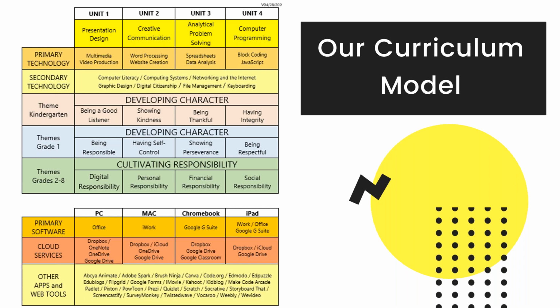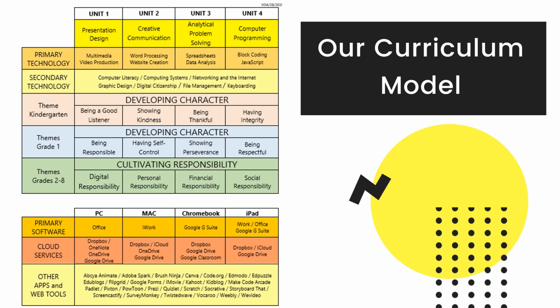First grade: being responsible, having self-control, showing perseverance, being respectful. Our TK, Kinder, and first grade never change. Those are 8 static character traits that by the time those students have completed first grade, they have gone through and have a good understanding of what it means to be of those character traits.